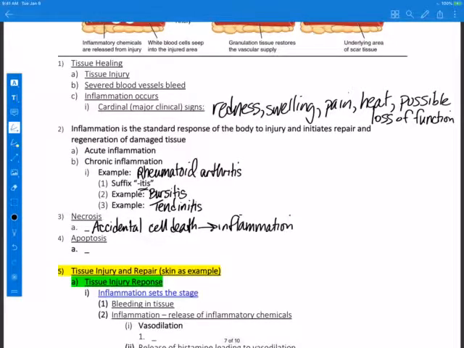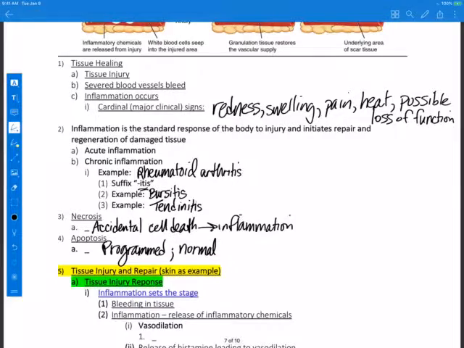And apoptosis is programmed cell death. So it's cell death that is programmed to occur. It's a normal thing. It's just when the body doesn't need a cell anymore, so it destroys it.